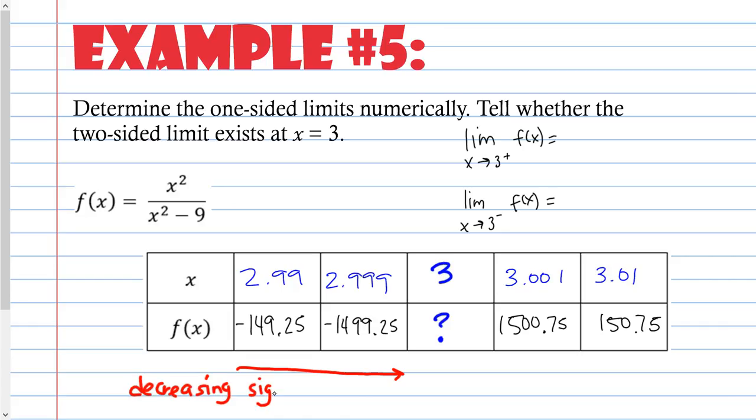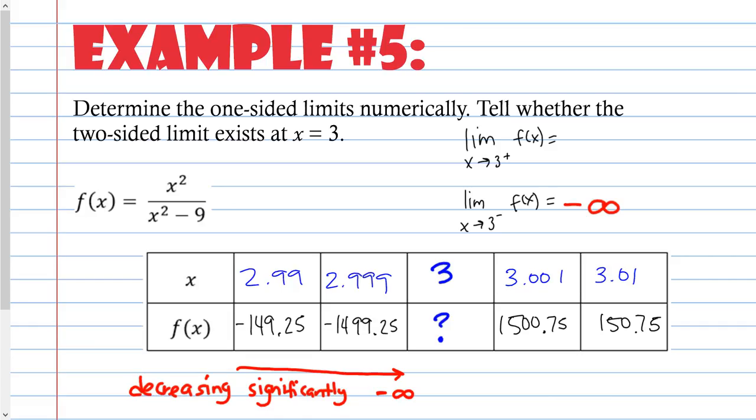And when this happens, this is an indicator that this function is headed towards infinity. And in this case, since it's decreasing, it's going towards negative infinity. So it is safe to say that the limit of f of x as x approaches 3 from the left side is negative infinity.